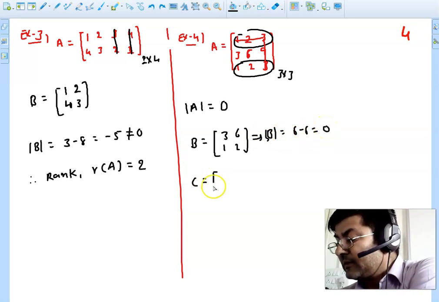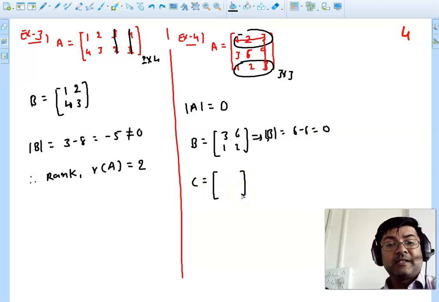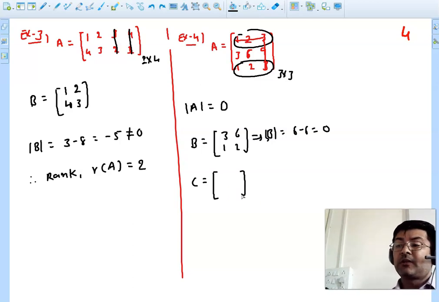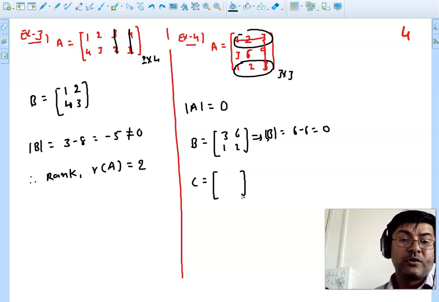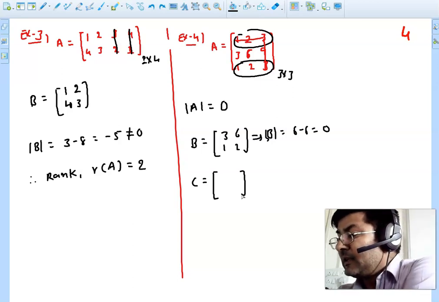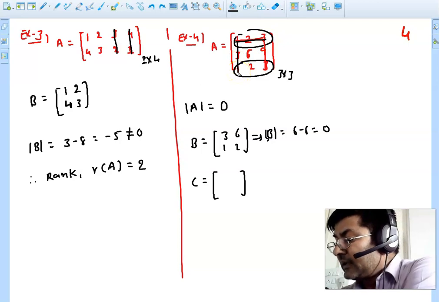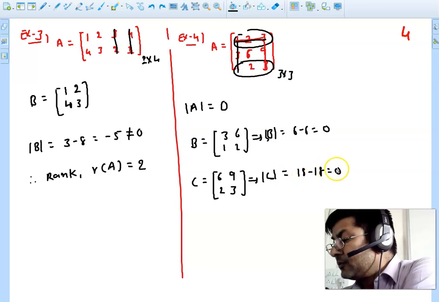Let us obtain some other, because we need to check that there is at least one square submatrix of order R. If 2 is going to be the order, then you must have at least one square submatrix of order 2 which is non-singular. So let us obtain another matrix by deleting the first row and the first column. So you have 6 9 2 3. Now let us calculate the determinant of C. 6 3s are 18 minus 18 equal to 0.